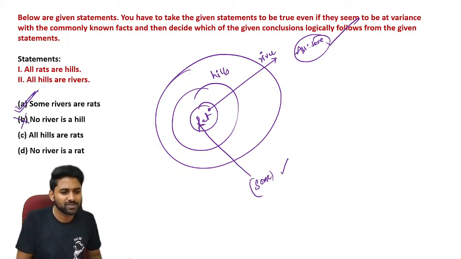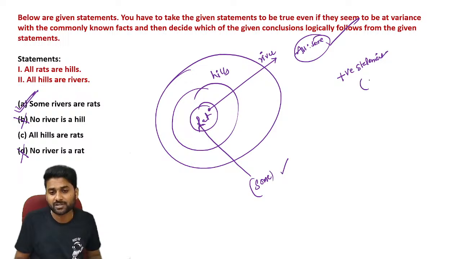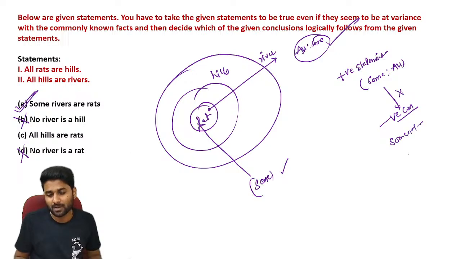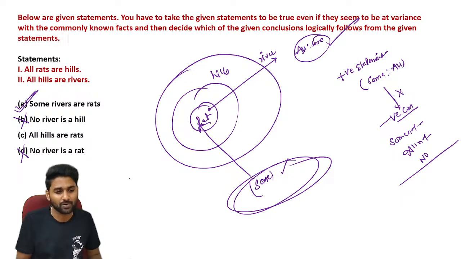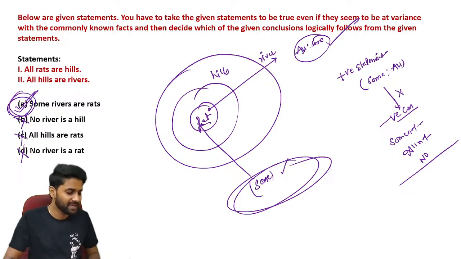If the statements are positive, you never get any negative conclusion. Positive statement means like some, all; both are positive statements. And you never get negative conclusions. Negative conclusion means you never get some-not relation, all-not relation, or no relation. That's why here, some rivers are red is valid, but verify that all hills are red. Here the comparison goes from outside to inside, and that is always a some conclusion. All is invalid. That's why A is the suitable answer.